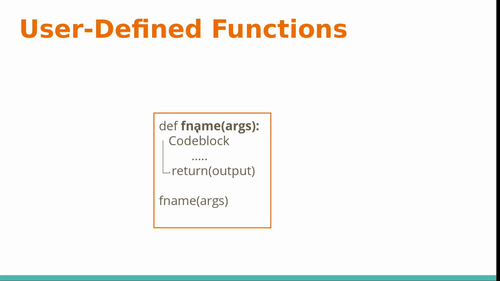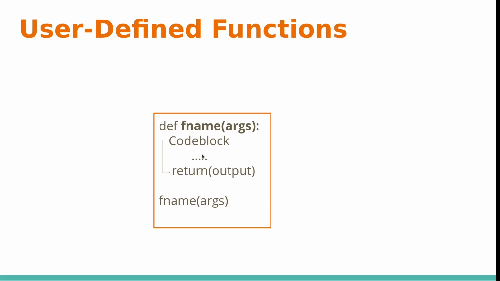This def keyword, name, and the arguments end with a colon. This colon again indicates that there is a code block, and the code block has the set of calculations that we want to do. The code block ends with a keyword called return and the output that needs to be returned. So notice that the return is indented as well, so it is part of the code block.